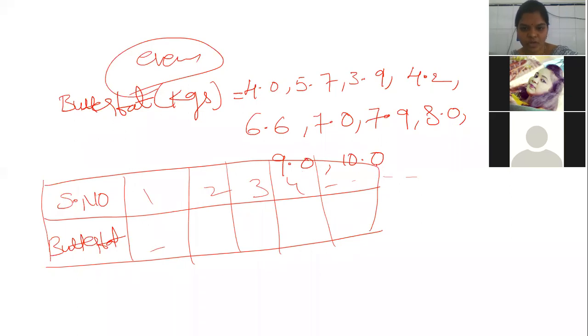This is 9.0 and this is 10.0. Just write down. Is it completed? Write slowly.